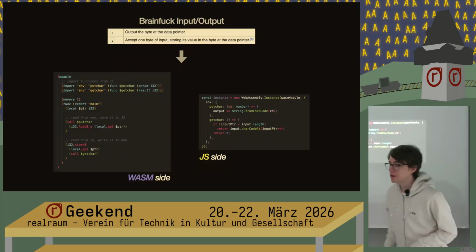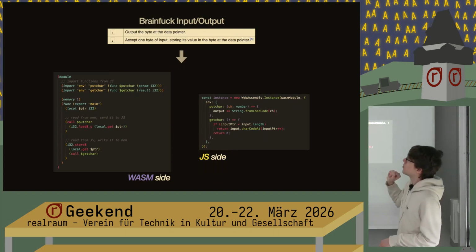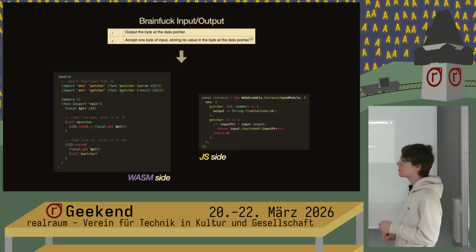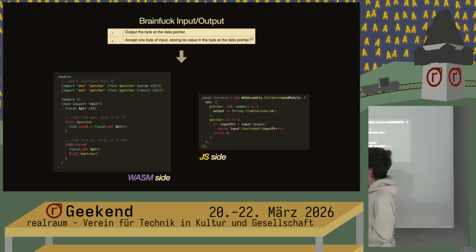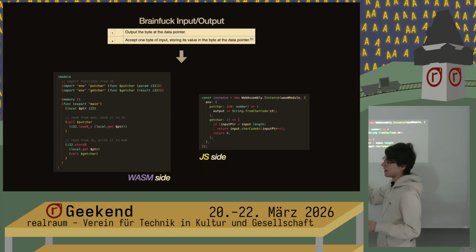We then need to implement the input and output, those 3 commands there. And we essentially just do that with JavaScript imports, so that when we want to output something, we just send the result to JavaScript. And when we want to get something, we just get the input from JavaScript.